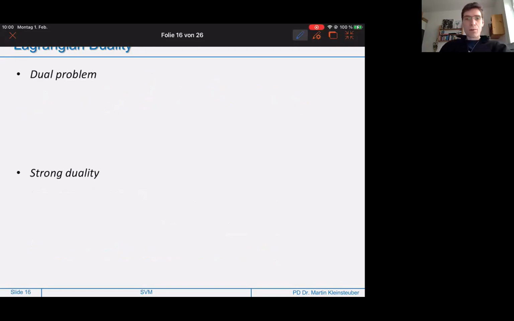The dual problem says we want to maximize over all lambda this Lagrange dual function g of lambda, subject to all lambda i being non-negative.